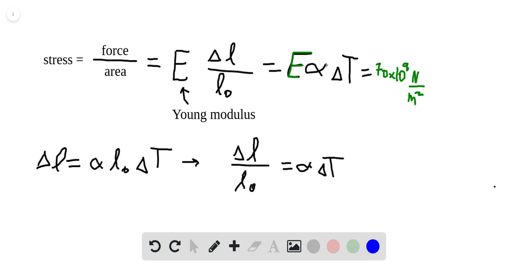Now alpha, you can find this in the same table as we've previously used. It is 25 times 10 to the minus 6. And that is in Celsius minus 1.